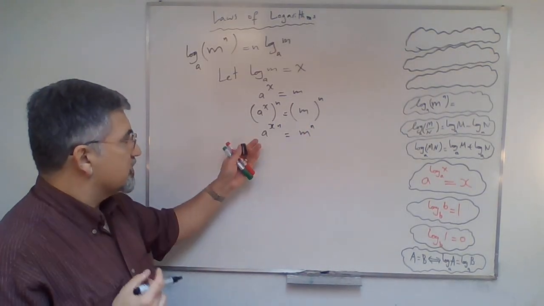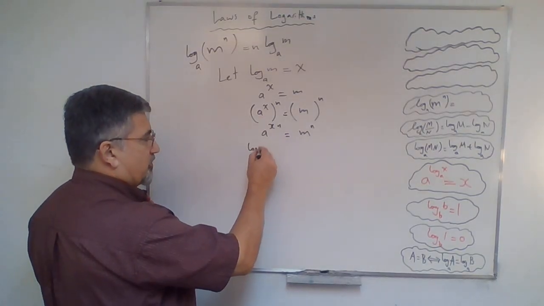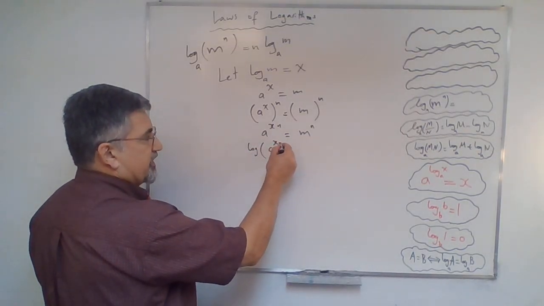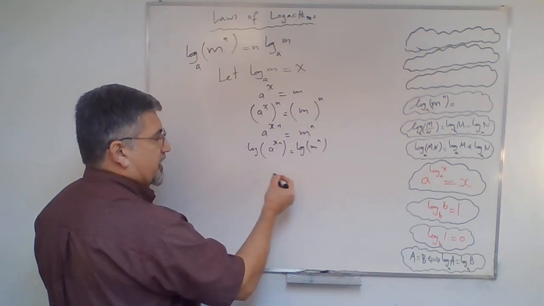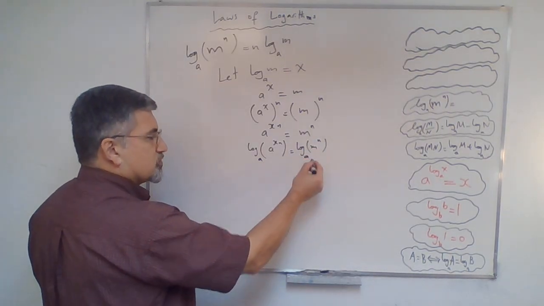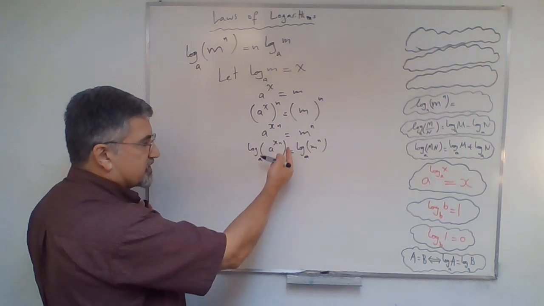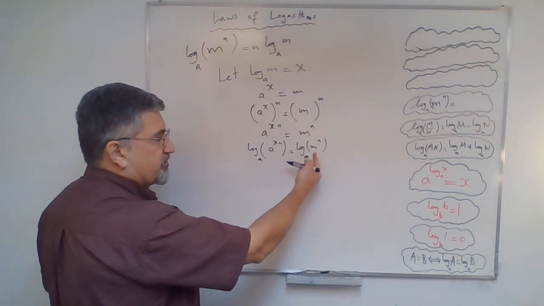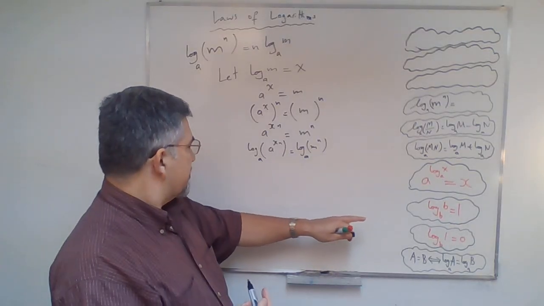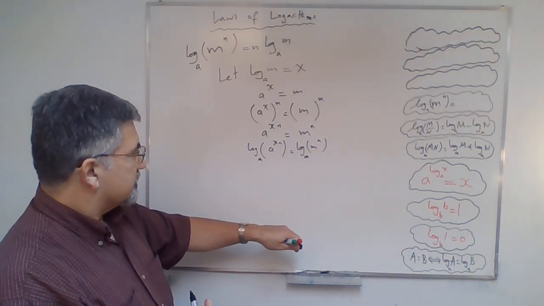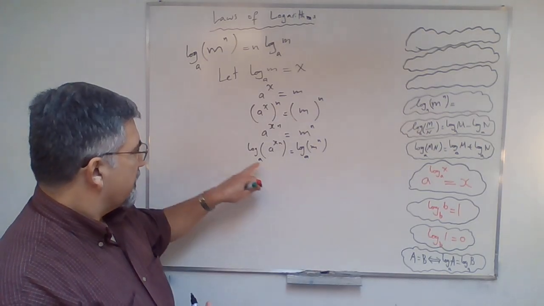Then we're going to say, okay, two expressions are equal, therefore their logarithms must be equal. So we take the log of the left side and we take the log of the right side. The base of the logarithm, we choose it to be a. So log of a to the xn base a equals log of m to the n base a here. Now, I think we had a formula like this before, or maybe not.